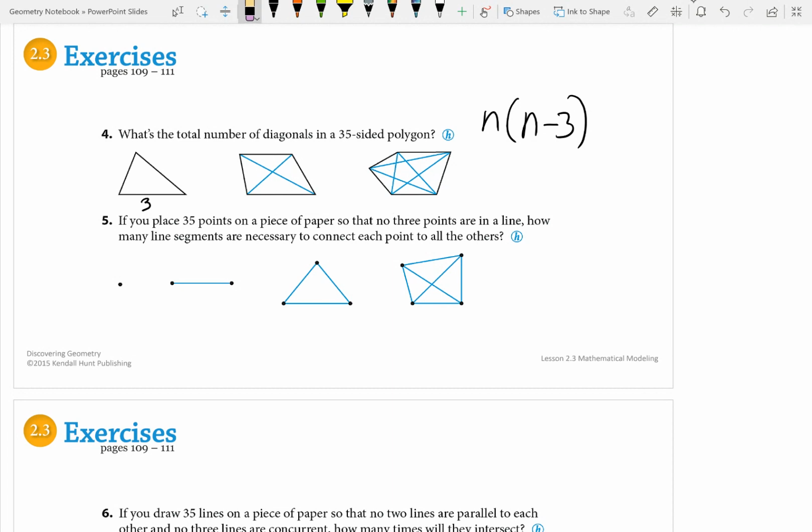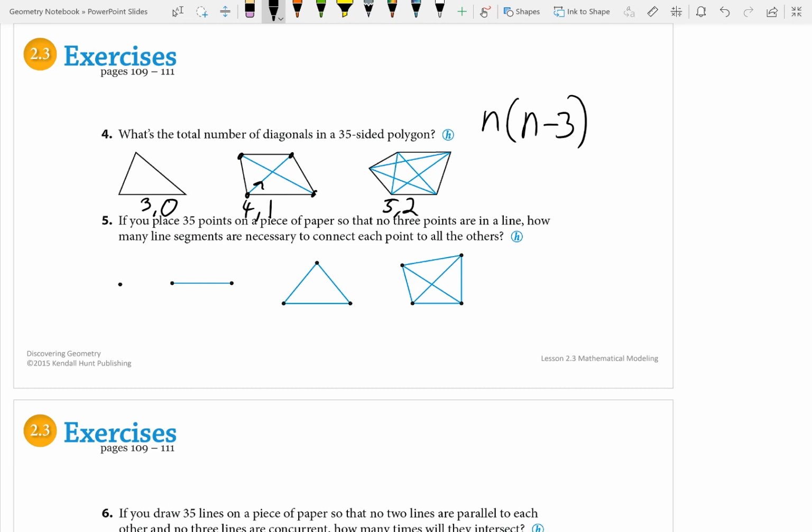So I'll go ahead and say that again. If you have 4 sides or 4 vertices, 1, 2, 3, 4, then every vertex has 1 diagonal coming out. For 3, it has none. And for 5, it has 2.